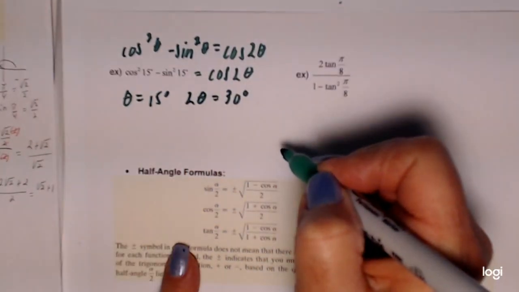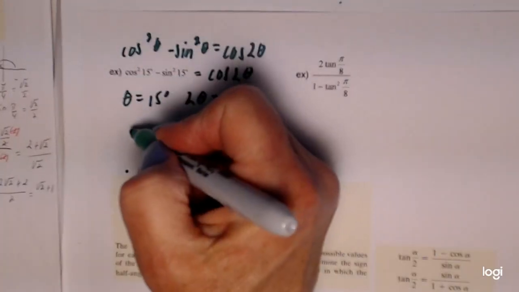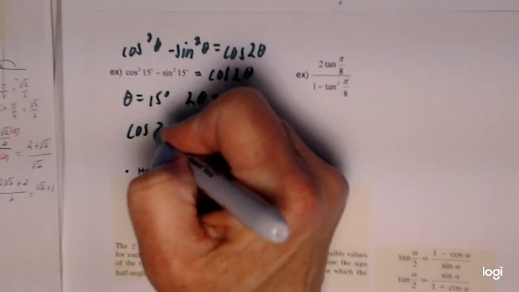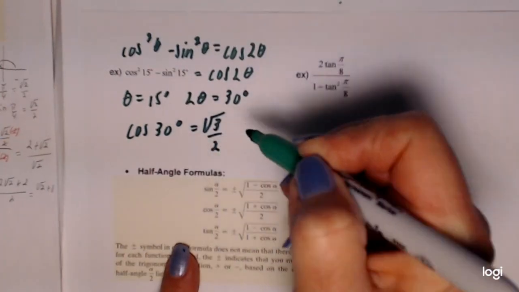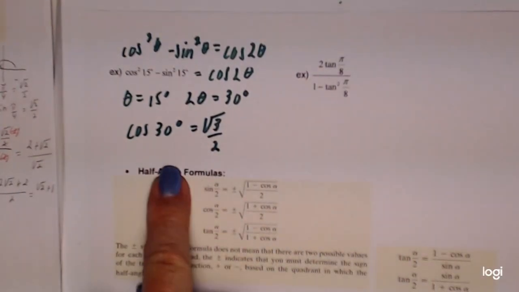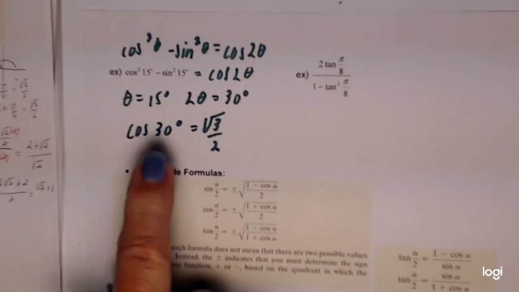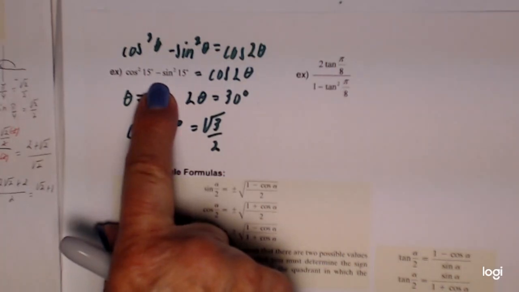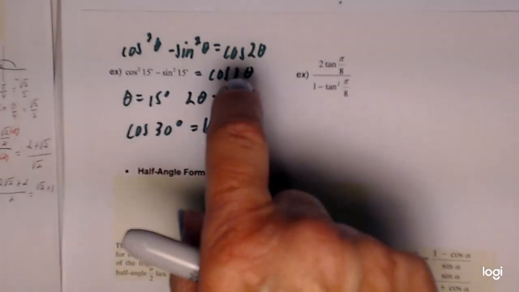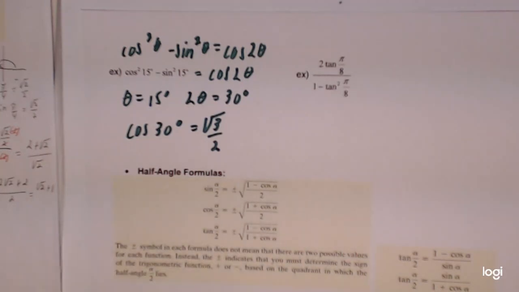And so now what we're actually looking at is the cosine of 30 degrees, which we know would be square root 3 over 2. So we're not using the formula to find double an angle. What we're given, we're recognizing this is the formula, and we can just find twice the angle given to get our trig function.